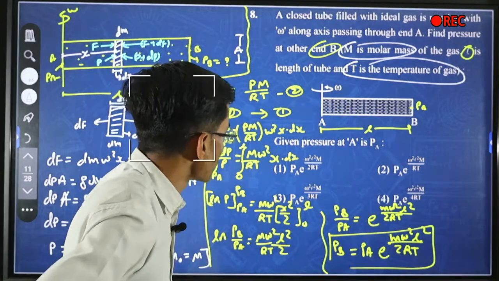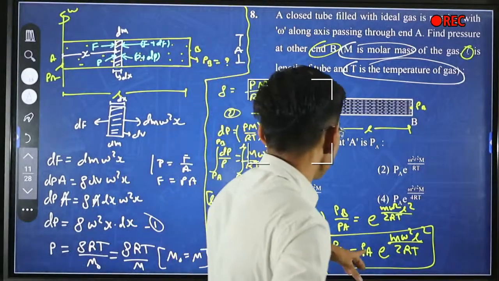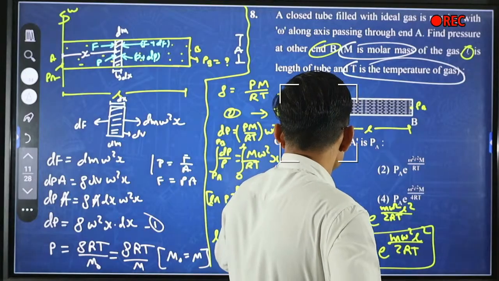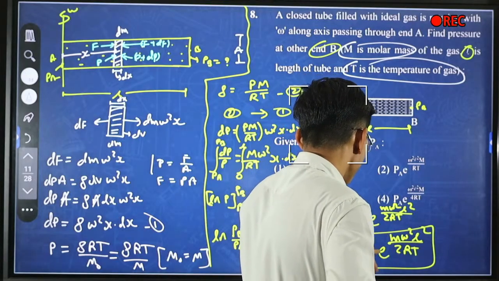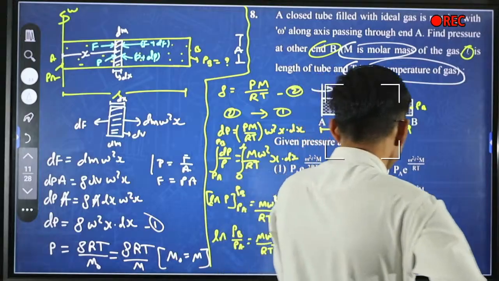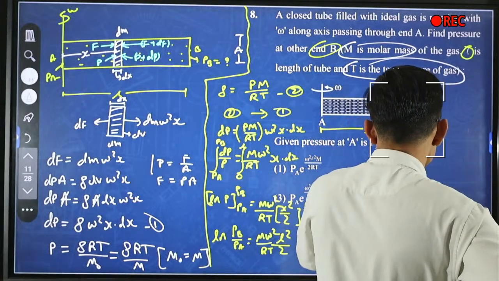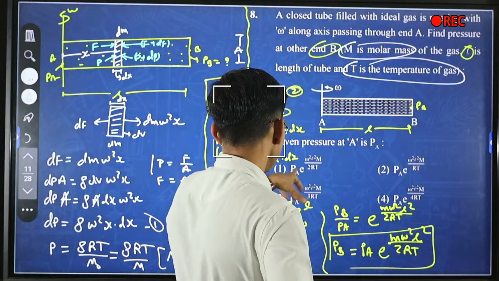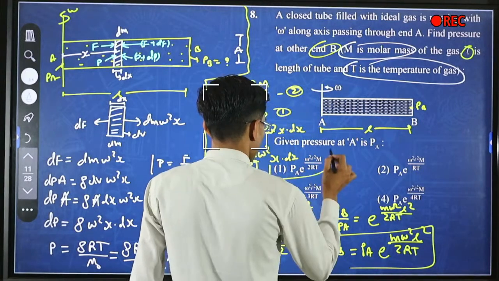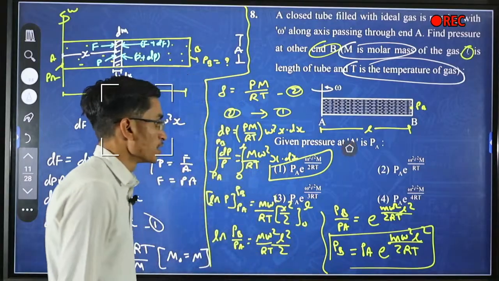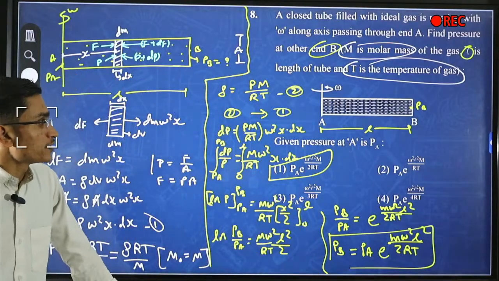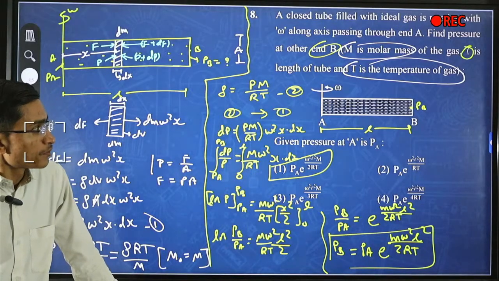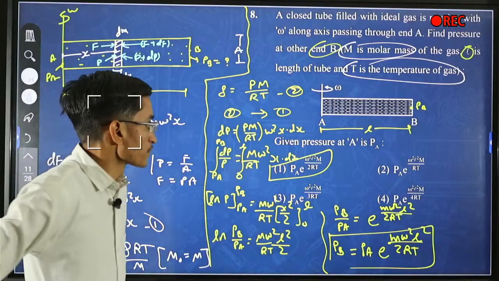Okay, now next the question's options. PA e raised to m omega square L square by 2RT. So the option matching is A. Okay, so you can see that this is one of the good questions from mixed concepts.